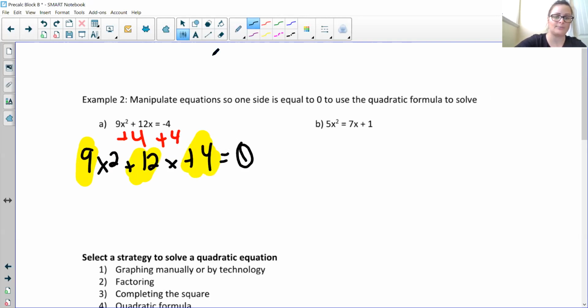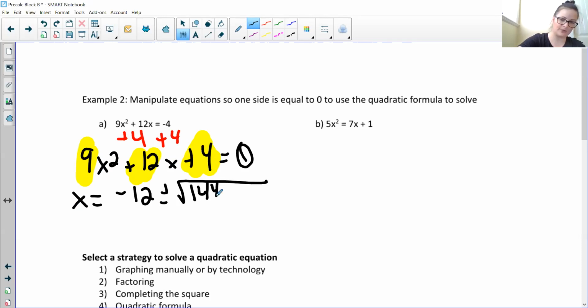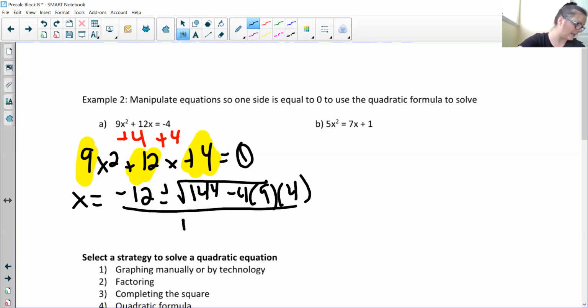So now we can plunk those into the formula: x equals negative b plus or minus the square root of b squared minus 4 times a times c, all over 2 times a, which is 18.